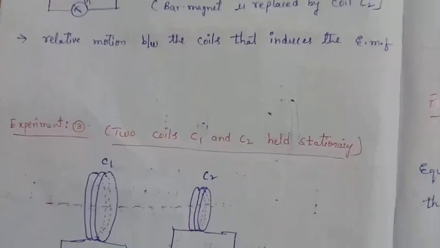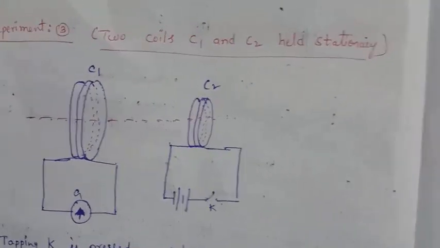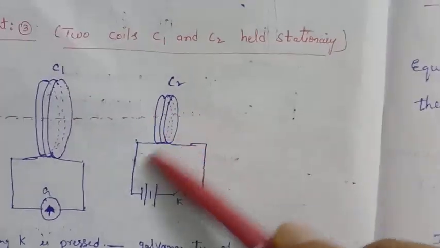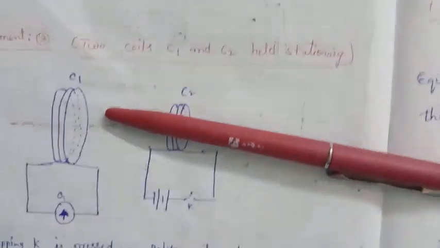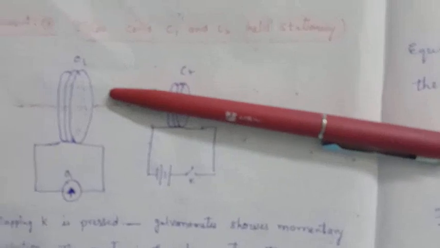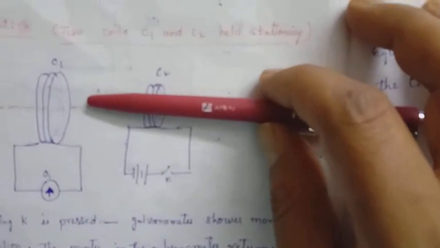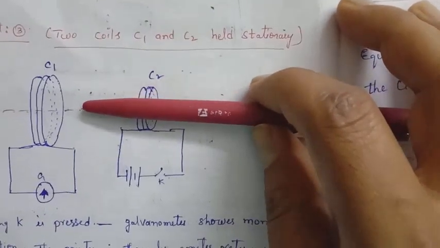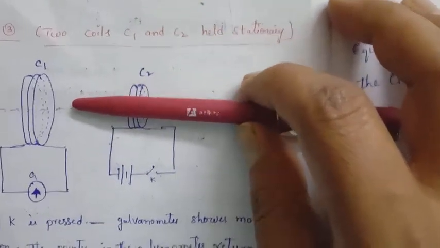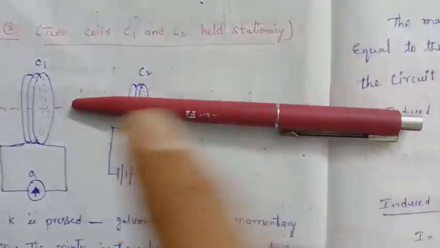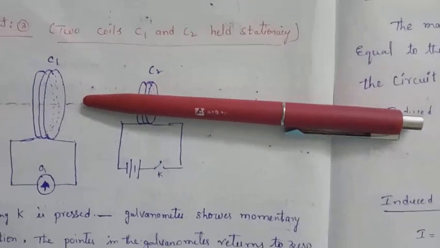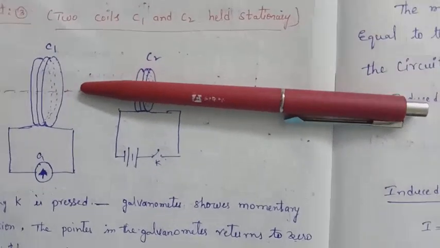In the third experiment, along the axial line I insert a soft iron rod. Soft iron rods are used to prepare permanent bar magnets, and they are easily magnetized. Already permanent magnetic dipoles are present in the soft iron rod, but they are in a zigzag manner.